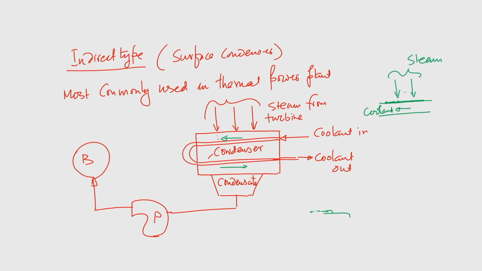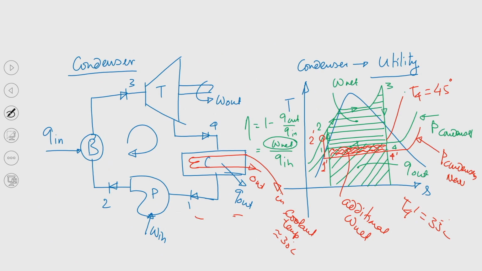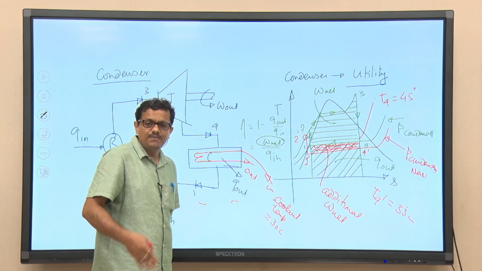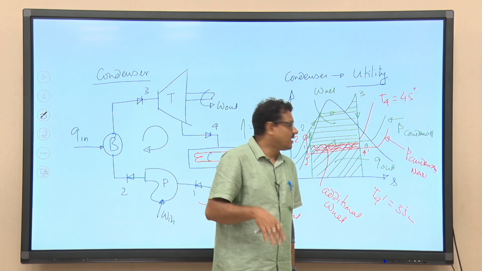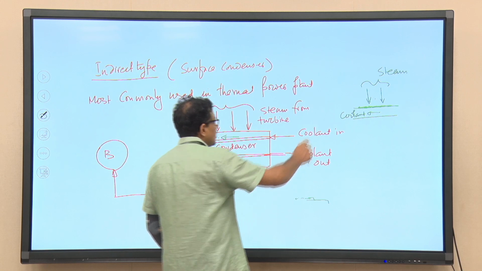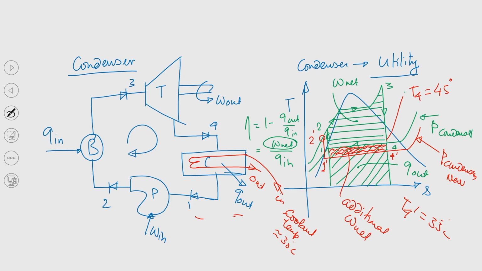So, maybe we can operate this condenser at a reduced pressure, but we must be careful that the condenser is leak proof. The air leakage problem should be minimized. It cannot be completely avoided, but if it can be, that is well and good. The air in the condenser will create this type of problem. Okay, so this is all about this indirect type condenser.